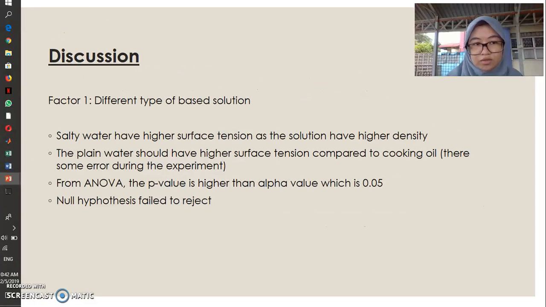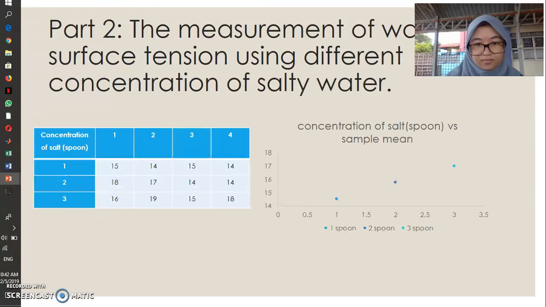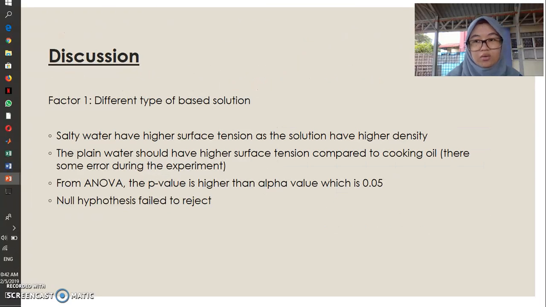So for the discussion of factor number 1, we differentiate the types of base solutions. From the result obtained, we can see here the salty water has the higher surface tension compared to the others.